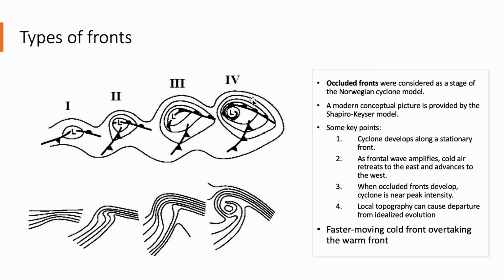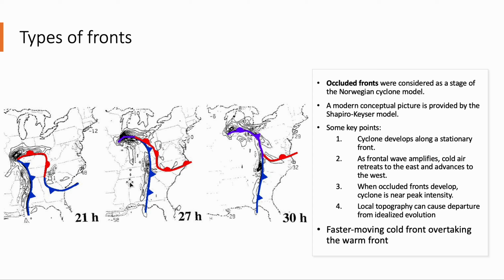These are sketches of the life cycle of a maritime cyclone, and these are depictions of streamlines and isotherms, and this comes from an older paper by Shapiro and Kaiser that first proposed a frontal cyclone model, a conceptual model for these cyclones.